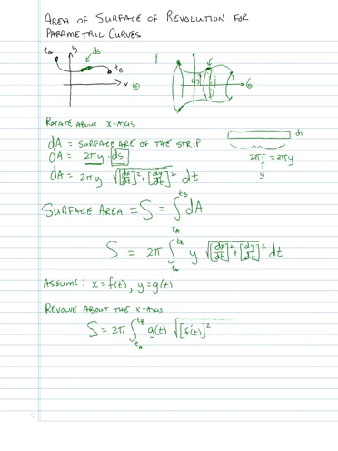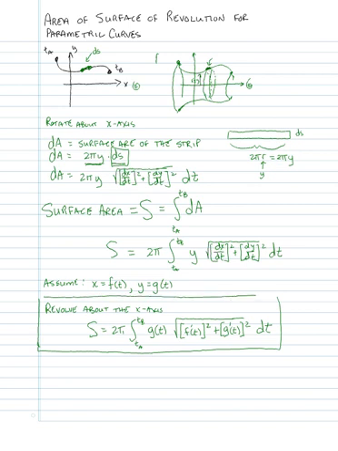Of course, that's squared. Plus the derivative of y with respect to t, well, y is g of t, so that's nothing more than g prime of t squared dt.